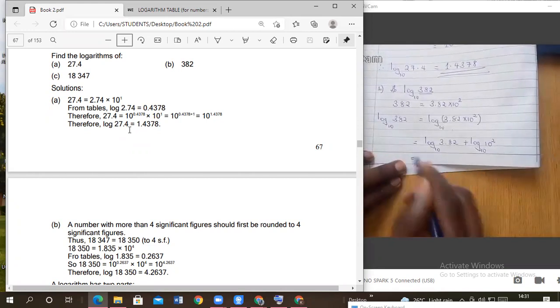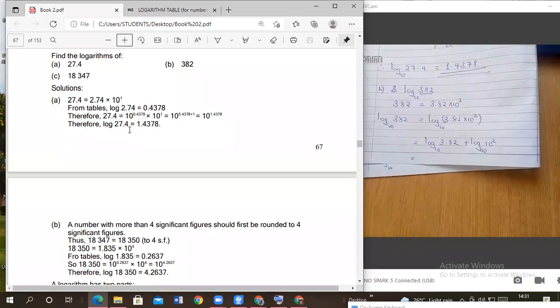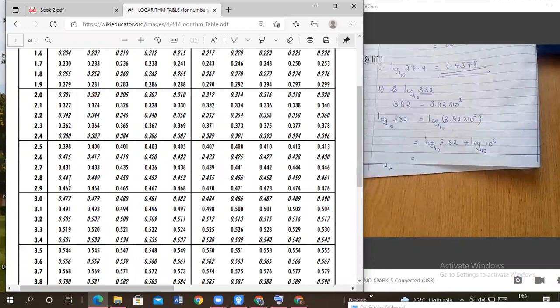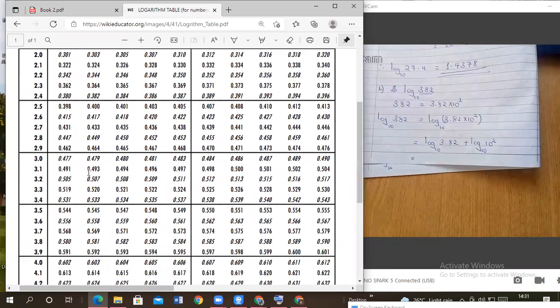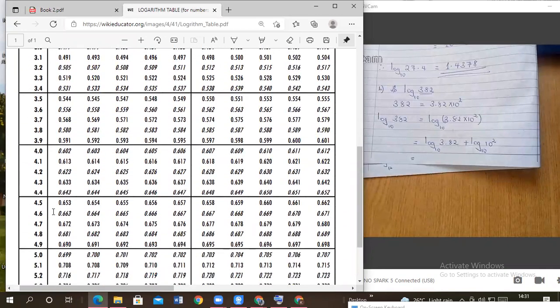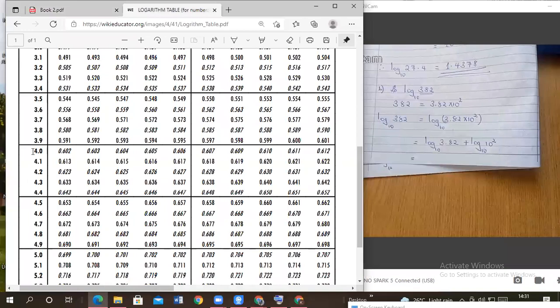Go to your table. What is 3.82? Read 3.8 under 2. What do you get? If you cannot see the table, just press direct from your calculator. I know some of you are using phones, so they can't see the table well.